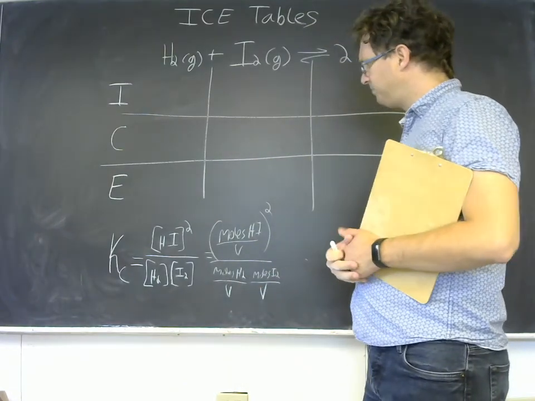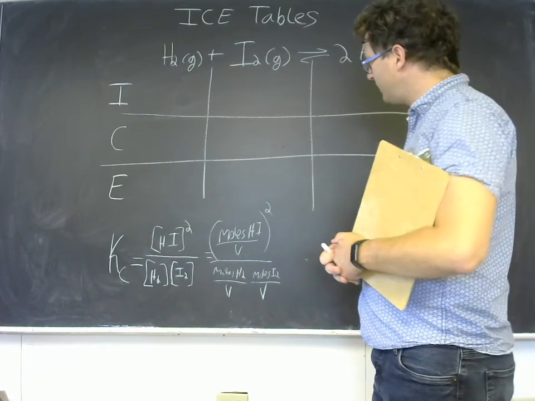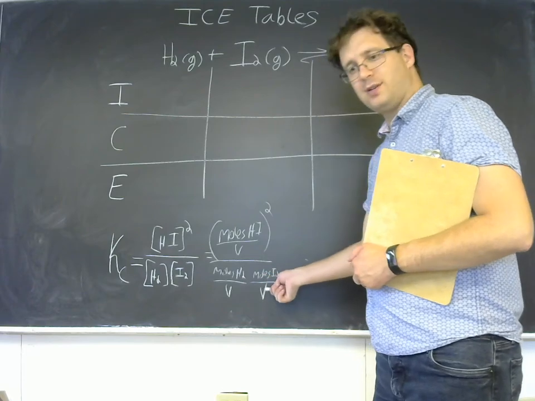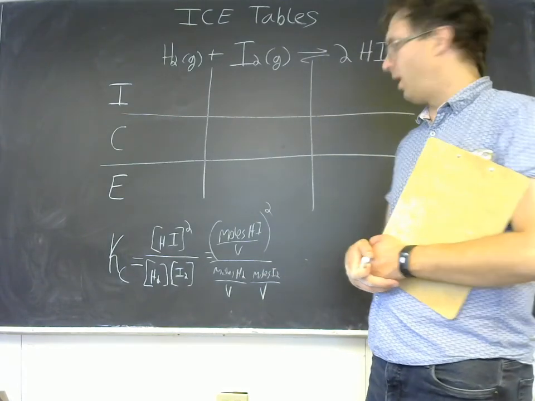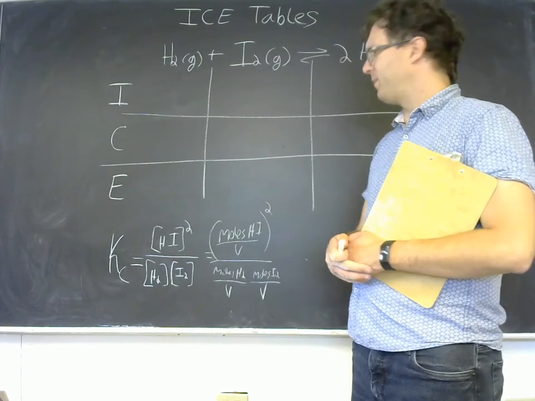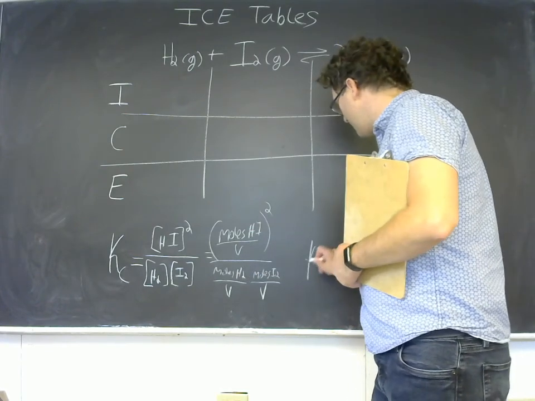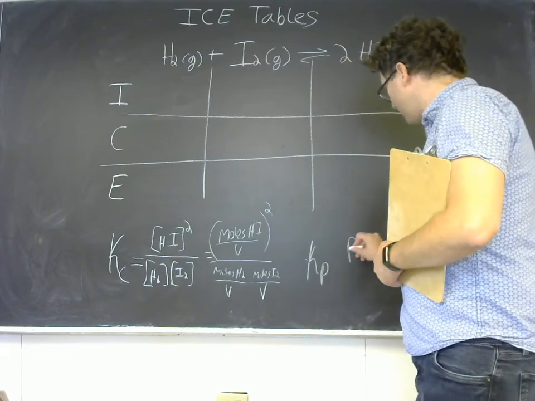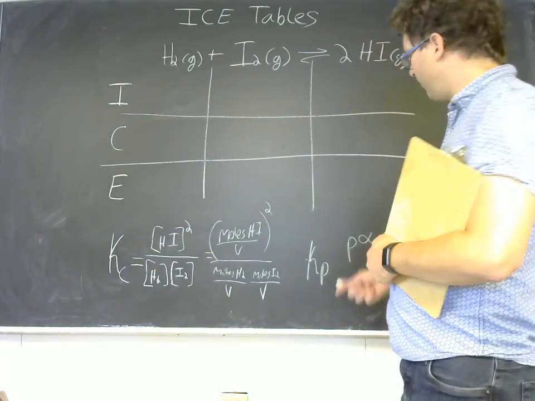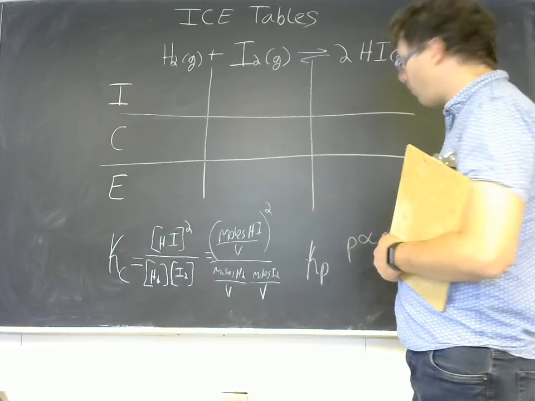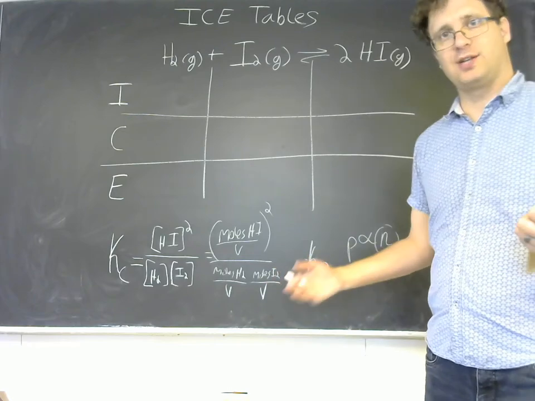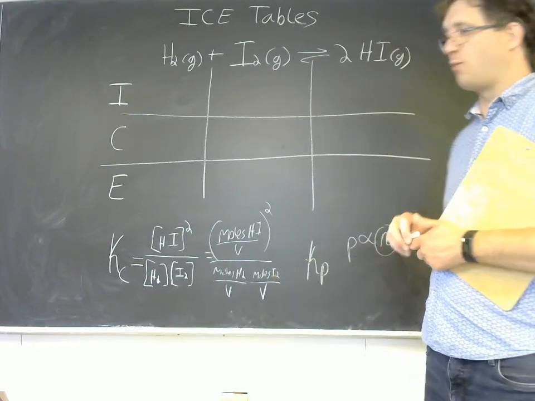And in some cases, you'll find that the volumes will cancel out. Those are the cases where you could use moles directly. And if we're looking at Kp, well, the pressure is always proportional to the number of moles. And so for Kp's, we can always use n, or the number of moles, instead of the pressures, if for some reason that is more convenient.